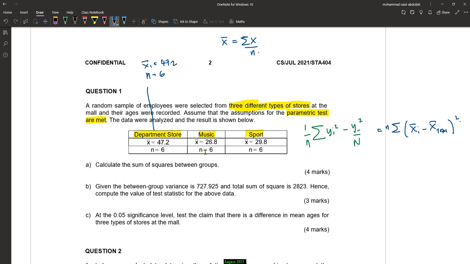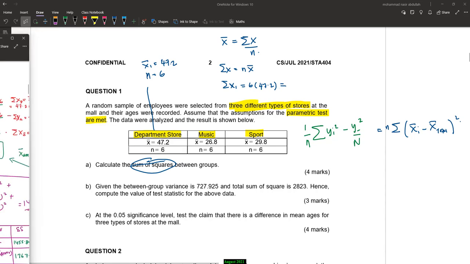So kita nak dapatkan sum square ni, right. So now to get the summation of x is equal to n multiplied with x bar. Okay, so now it should be summation of x for number 1 department store, it should be 6 multiplied with 47.2, right, 47.2. Okay, and then this one should be equal to berapa ni?